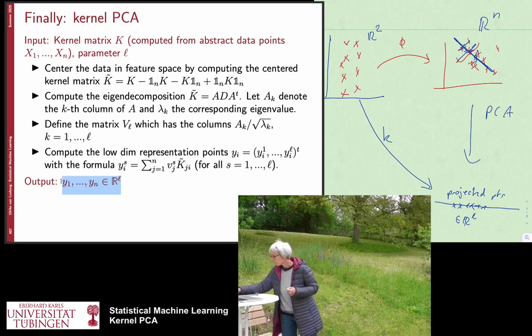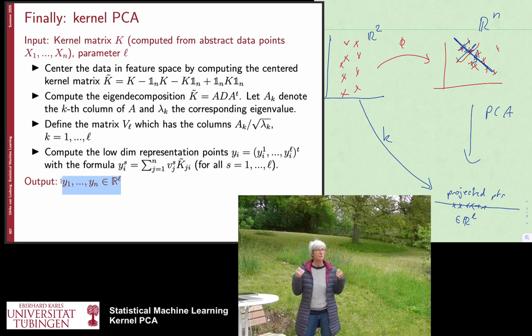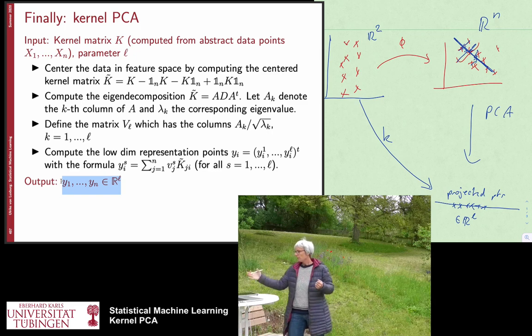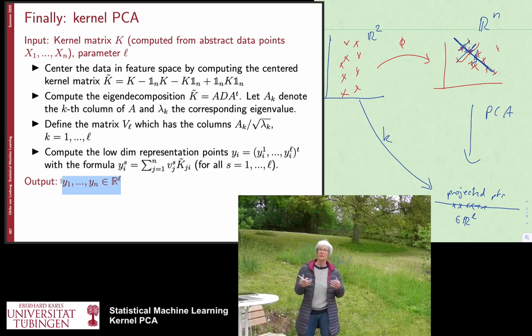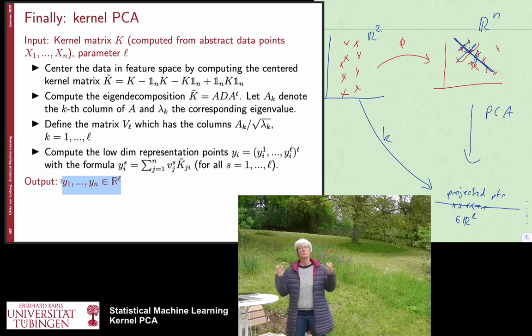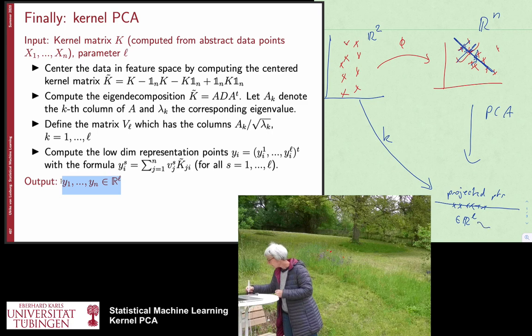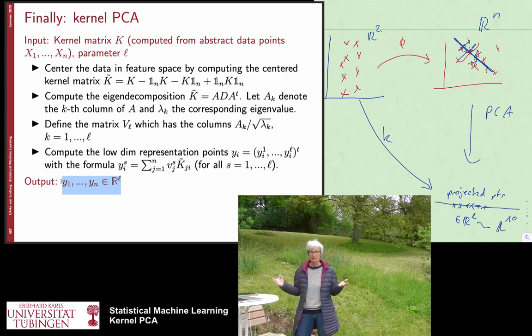And here we started with R2. On the left-hand side, we had just 2 dimensions. Now I'm in Rn. I can do PCA in Rn, and I can decide maybe I want to embed on a 10-dimensional subspace. So then this RL in the bottom of the plot might, for example, be R10 now, because I decide that L is 10.